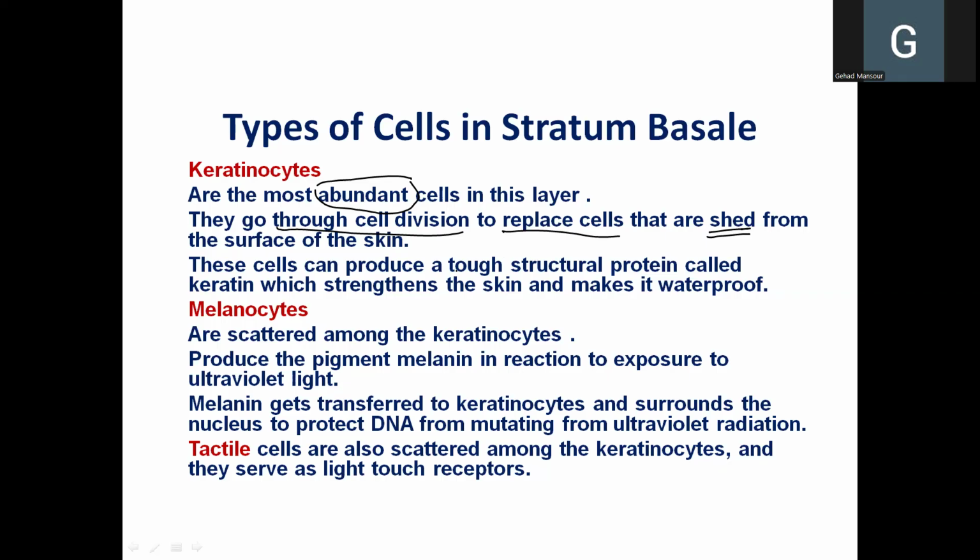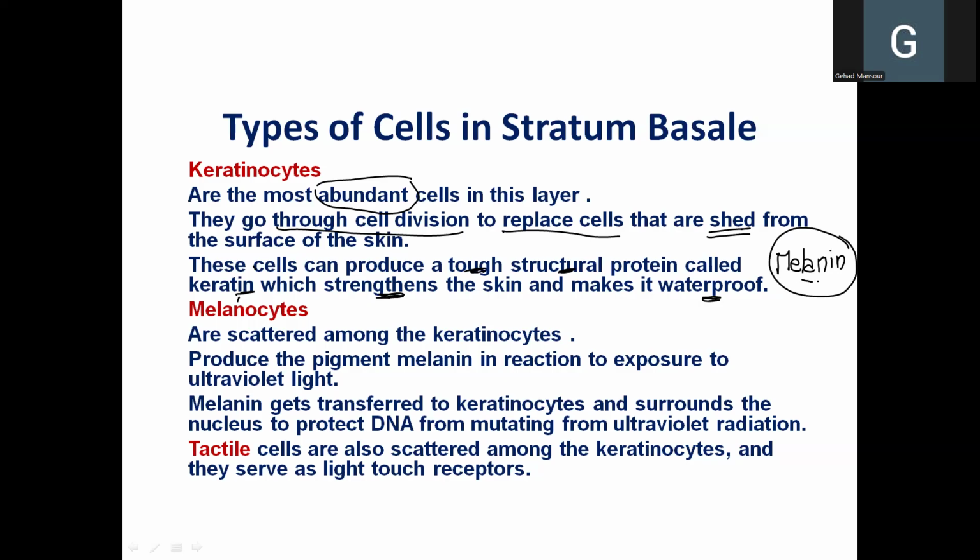They contain a tough structural protein, because it gives strength to the cells, called keratin, which strengthens the skin and makes it waterproof. These are the two functions of keratin, and in addition to this, they also contain melanin pigment. So they are pigmented.